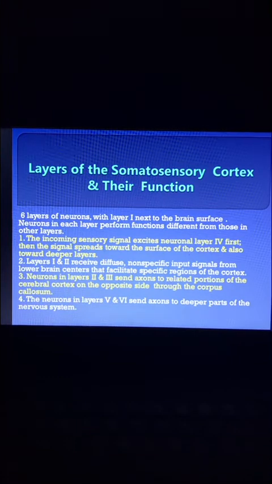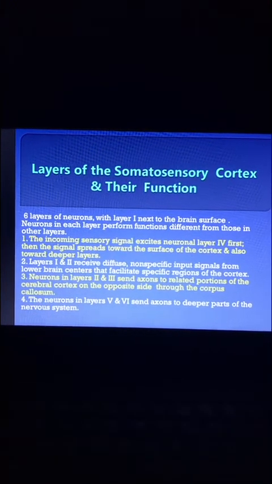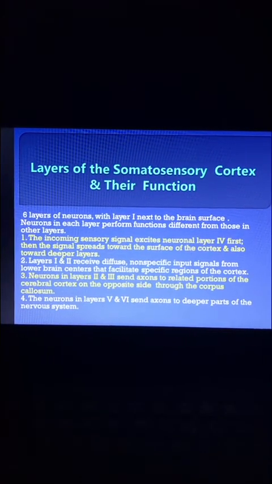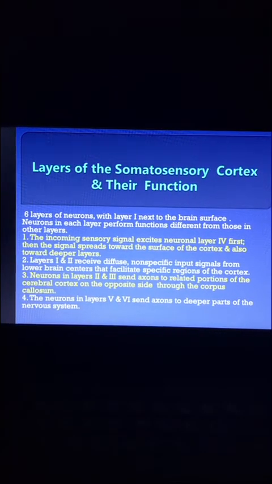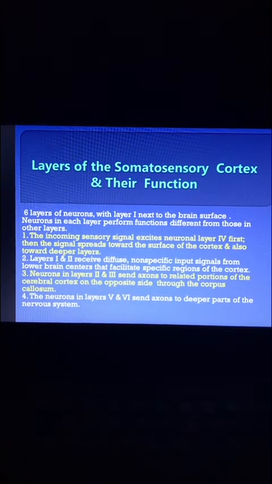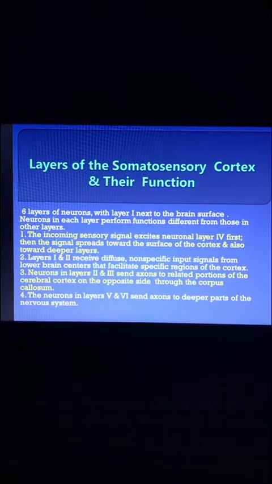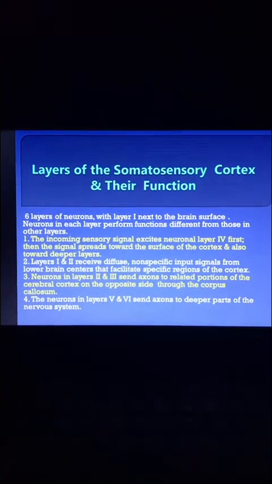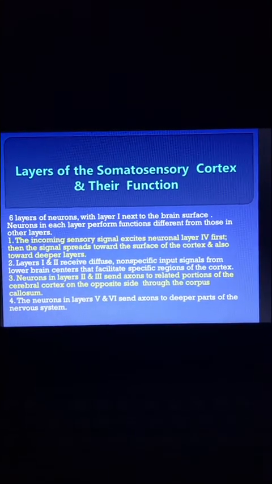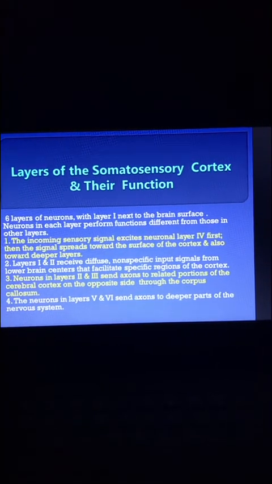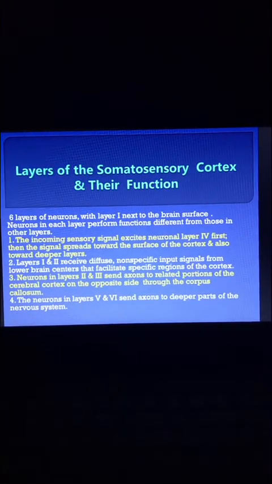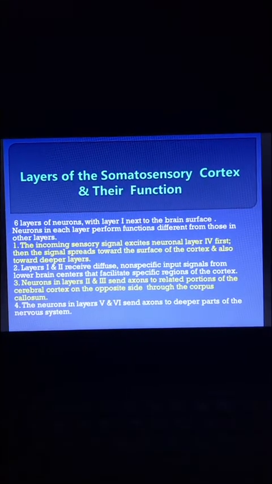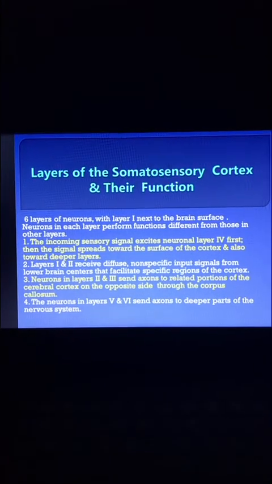Layers of the somatosensory cortex. There are 6 layers of neurons. Layer 1 is next to the surface, meaning close to the surface of the brain. Number 6 is the opposite, deep. Each layer has a specific function. Sometimes 2 layers have the same function, as you see.